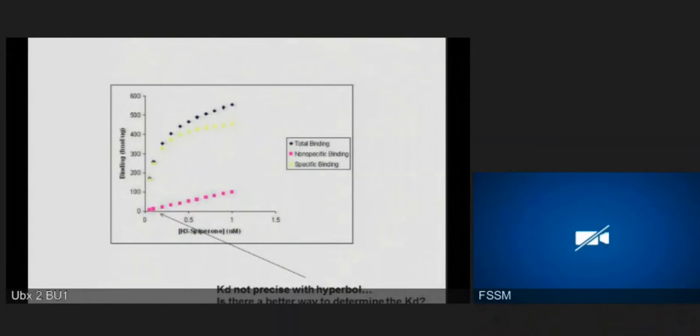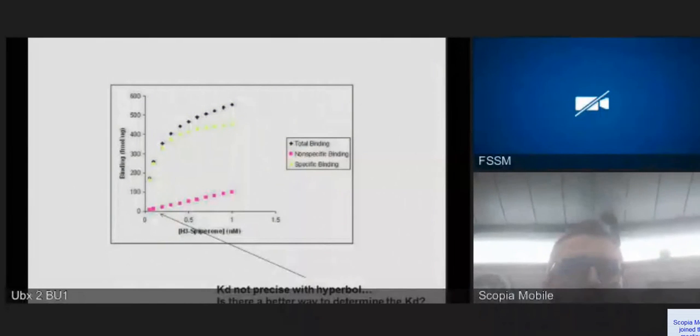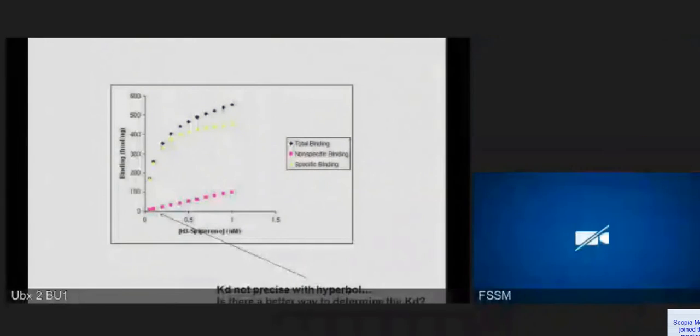So, back on this. It was the first slide showing a graph with the total binding, the non-specific binding, and the specific binding. But if you look at the yellow curve, you will have huge difficulties to obtain the KD. Let me check. Maybe the maximal binding is here. So divide by 2, it should be 225. 225 is here.